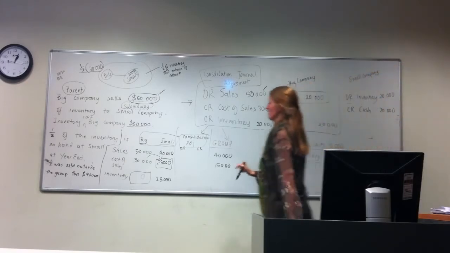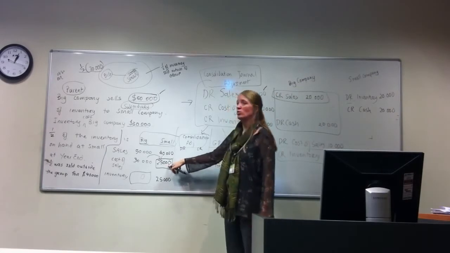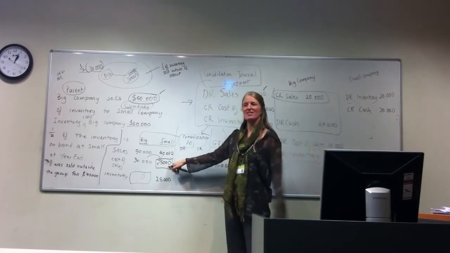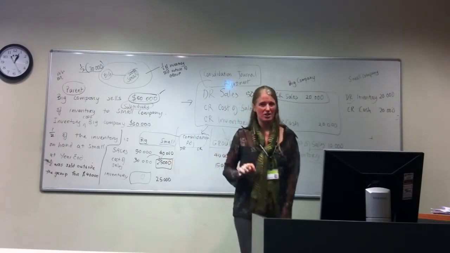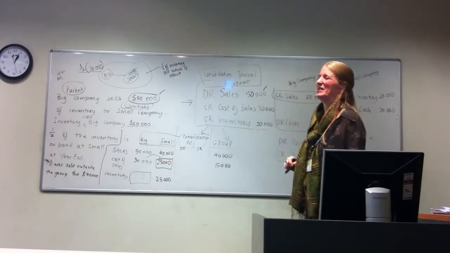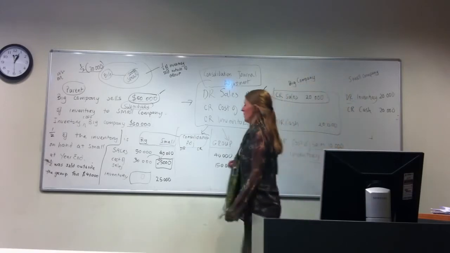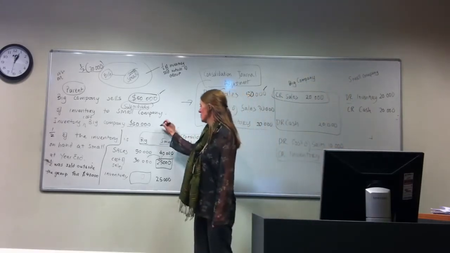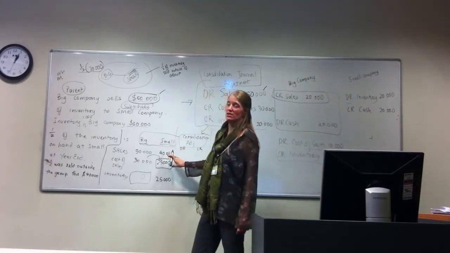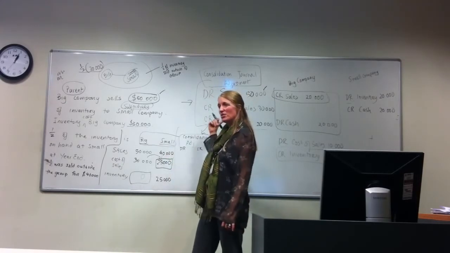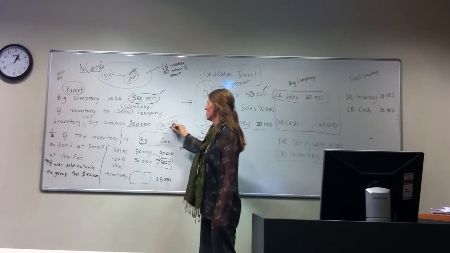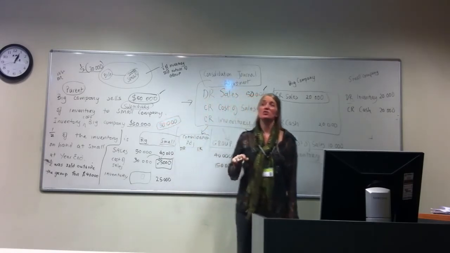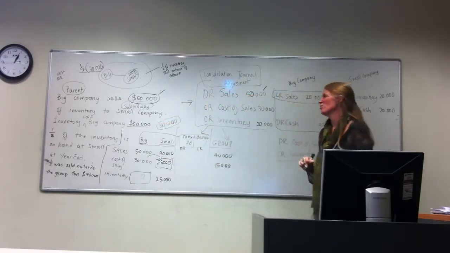Right? But we know that Small's going to record that at 25,000 because Small bought the stock for 50. However, remember what we've got to say is, yes, we sold this stock to a company outside of the group, but what did it cost when we bought that stock originally? In other words, what did it cost the group? It cost the group 30.